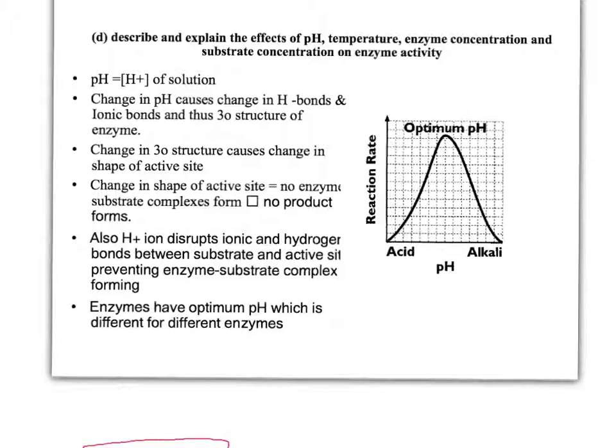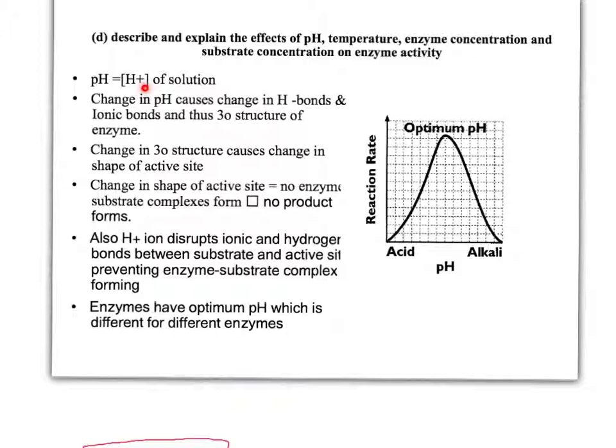This slide looks at the effect of pH on enzyme activity. The idea of pH is to do with the amount of hydrogen ions in solution. It's one of those inverse scales, so the lower the pH, the higher the amount of hydrogen ions, the more acidic.